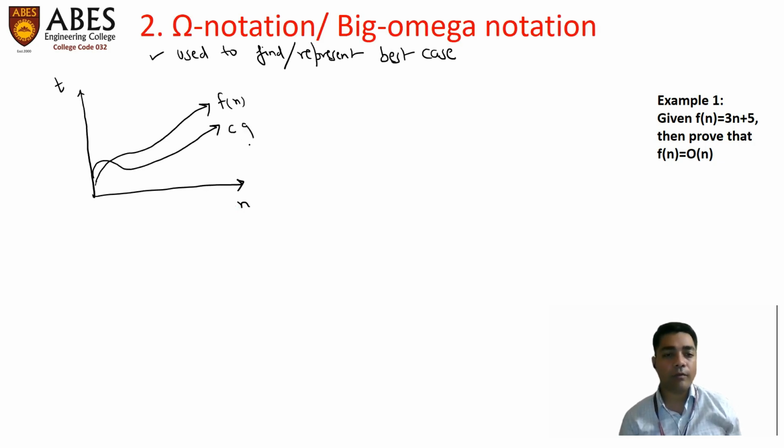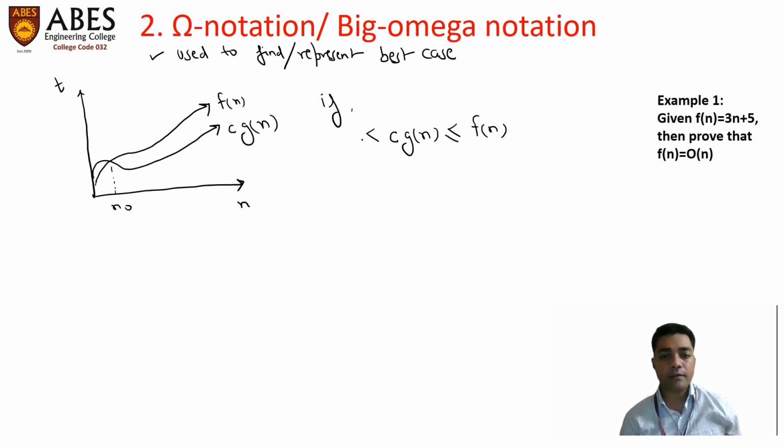So I have drawn a line lower than fn. This line can be equal to or lower than fn. Okay, and here we have n0 as before. Now as we can see from the graph, cgn is lower than or equal to fn. It can be lower or equal to fn. So we will write it like this.